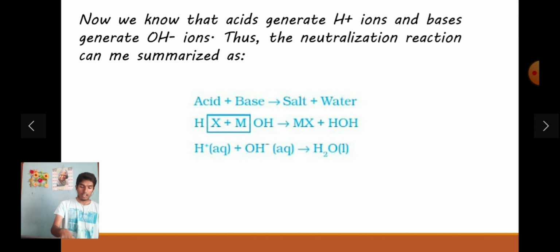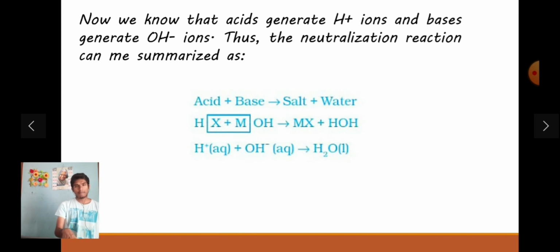So the halide from the acid and the metal from the base form a compound after reaction, and water is formed. This is the salt that we get, and this is water.